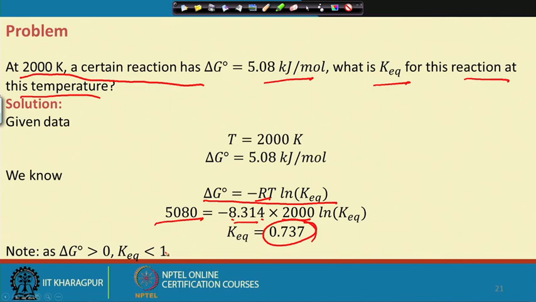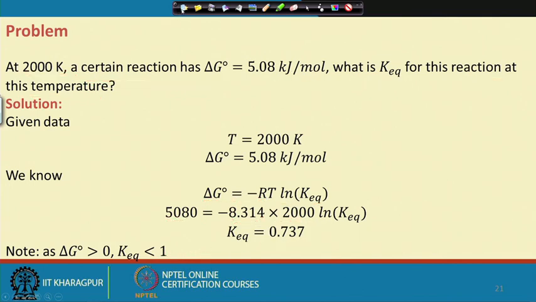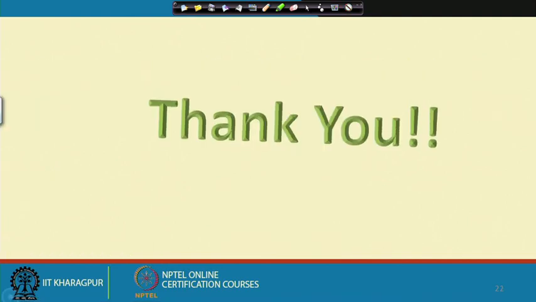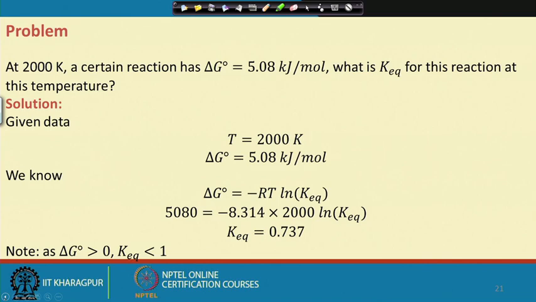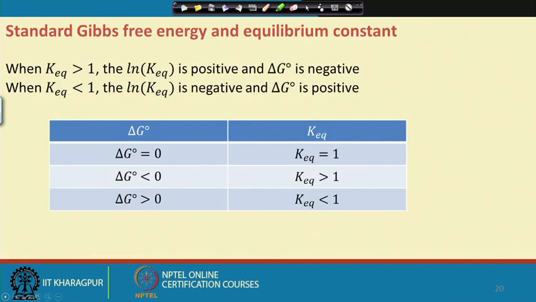So this is justified, because, as we have seen here, if K is less than 1, then del G should be positive, more than 0.